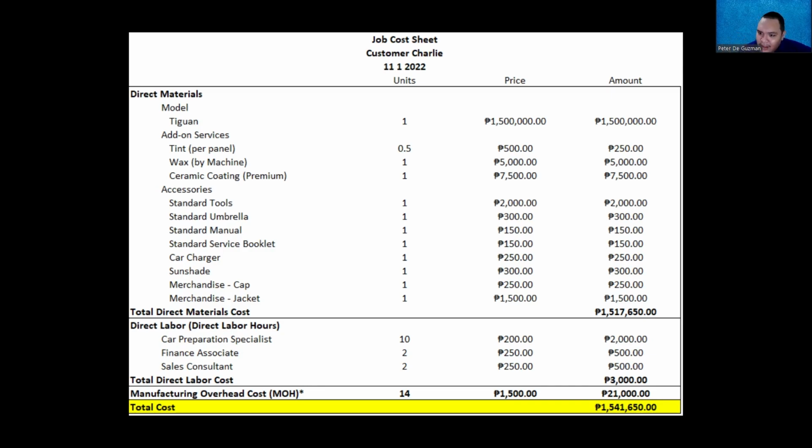So, because of this job cost sheet and the job costing system overall, we would be able to review certain items that may not have necessarily been part of the scope of analysis because they were simply not put to the spotlight, so to speak. So it's very, very effective.